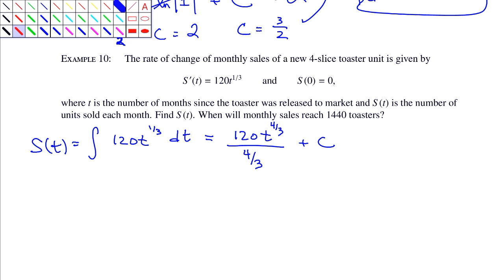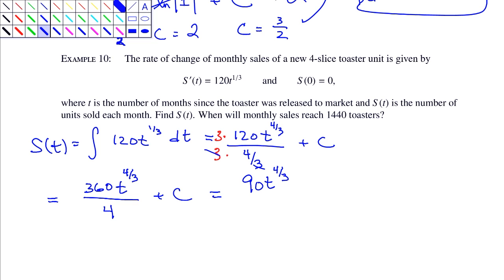Clear denominators. So we're going to multiply by 3. So it's going to be 360 t to the 4/3 power divided by 4 plus c. And 360 divided by 4 is 90 t to the 4/3. So that's s of t with the c.